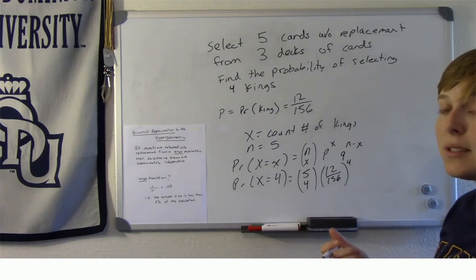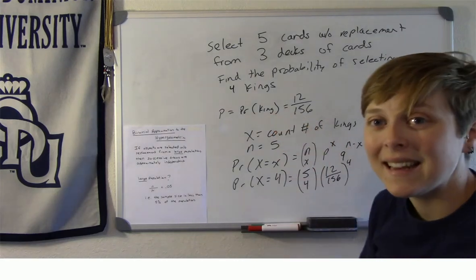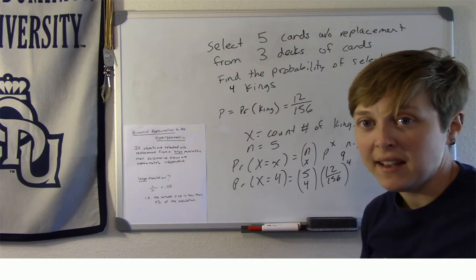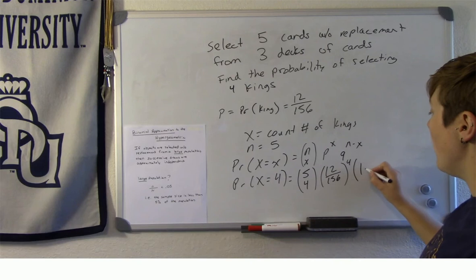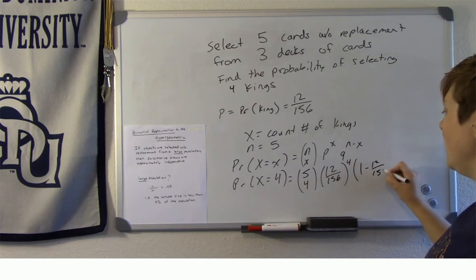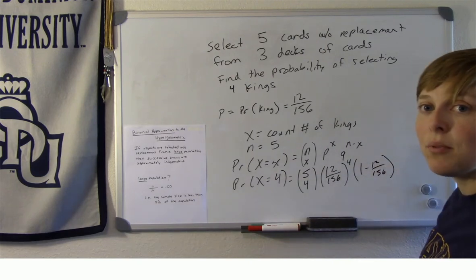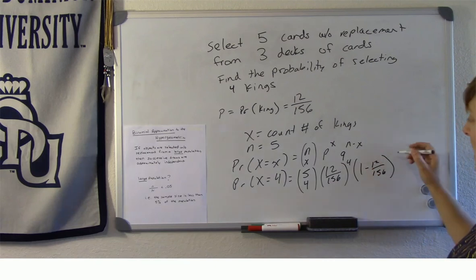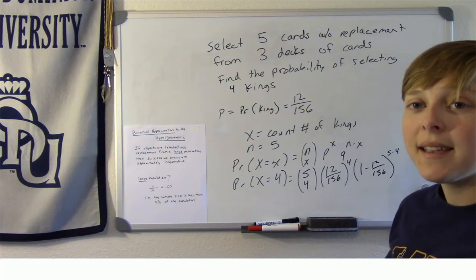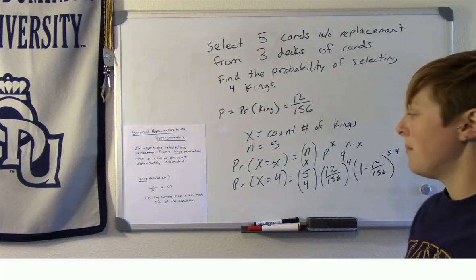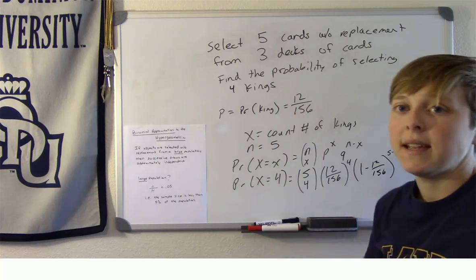Remember, q is the probability of not getting a king, the probability of failing. So that's 1 minus p, so 1 minus 12 over 156, brought to the power of n minus x, which is 5 minus 4. Then you just plug that into a calculator and solve to find the probability of getting 4 kings.